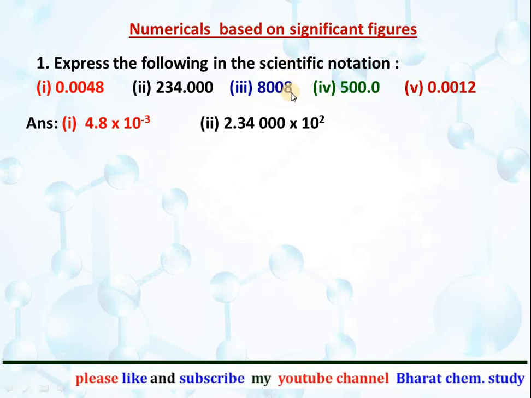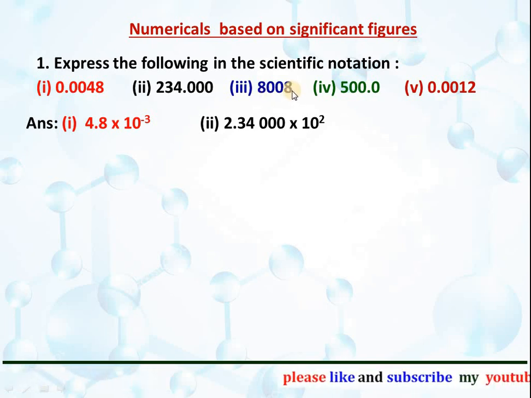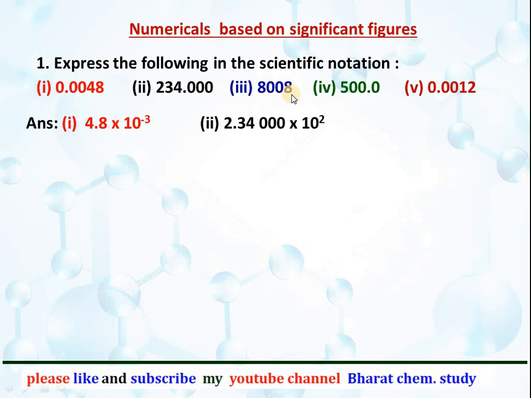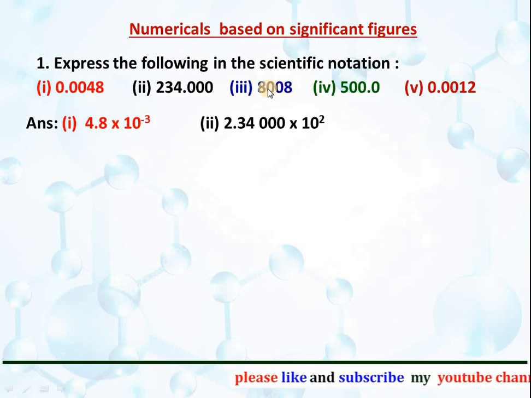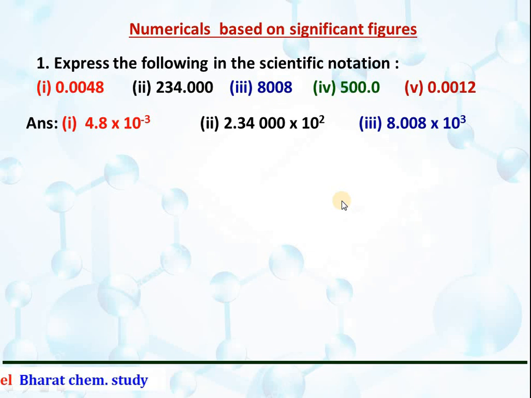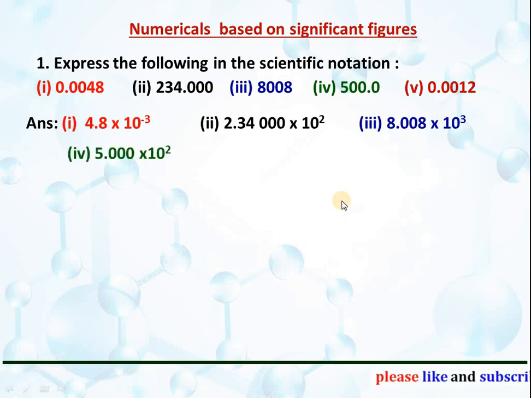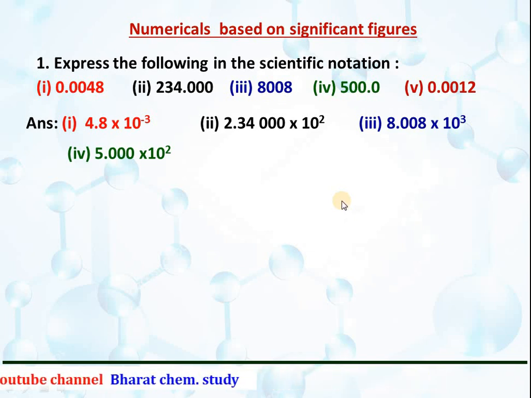Third, here no decimal place is present, so we suppose the decimal is placed after the last 8. So we have to shift the decimal 3 digits towards the left. So the answer becomes 8.008 into 10 to the power 3. In case of the fifth question, the answer comes to 5.000 into 10 to the power 2, because we shift the decimal towards the right by 2 decimal places.